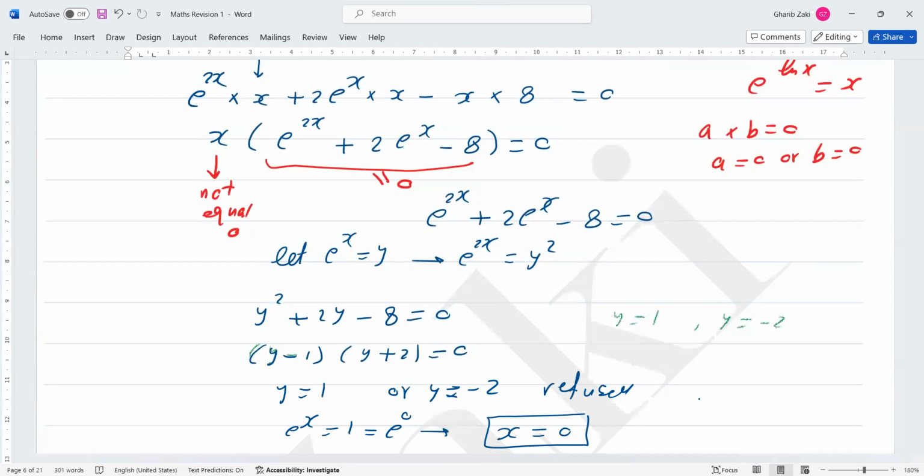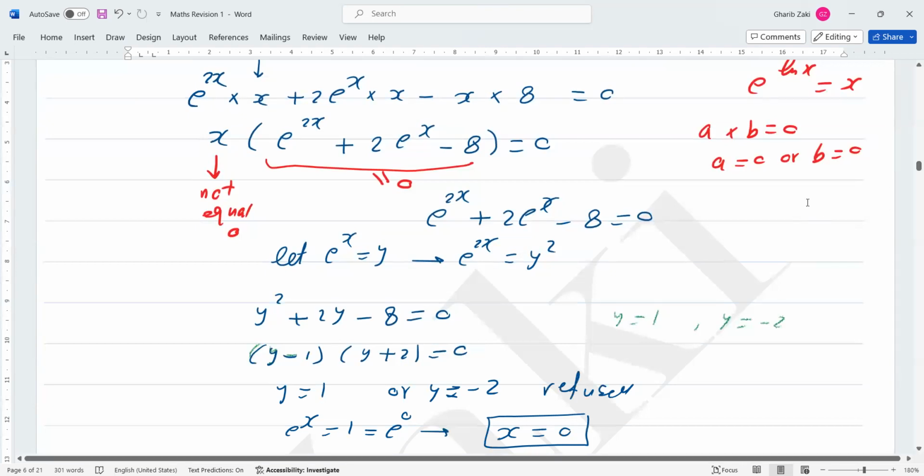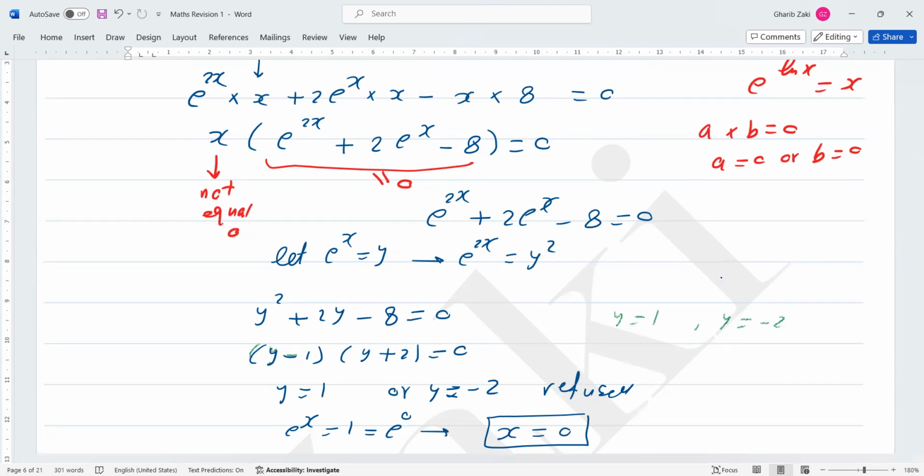Yes. Today I used the quadratic formula and got 2 and minus 4 instead. Yes, maybe yes. I check. Oh, minus 8. I check. Yes, 2 minus 4. Yes, thank you. So y equals 2 or y equals negative 4.